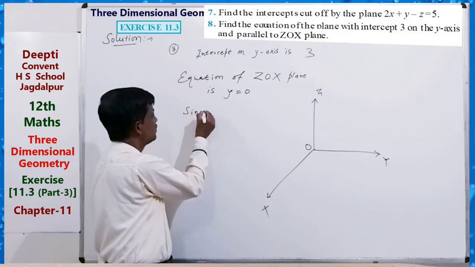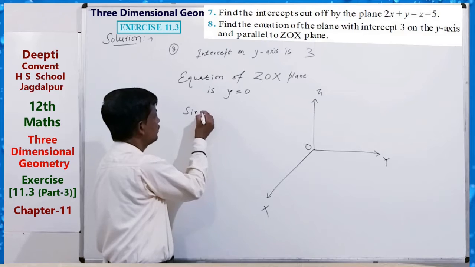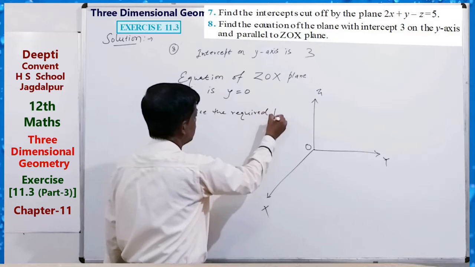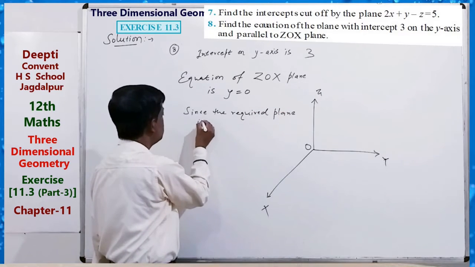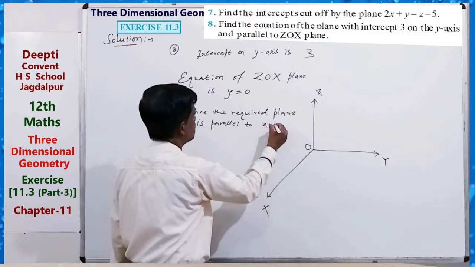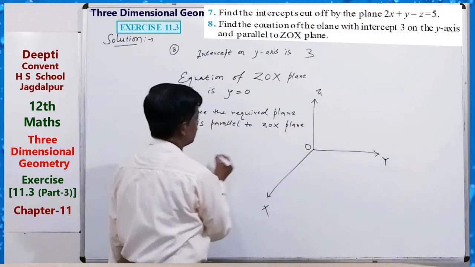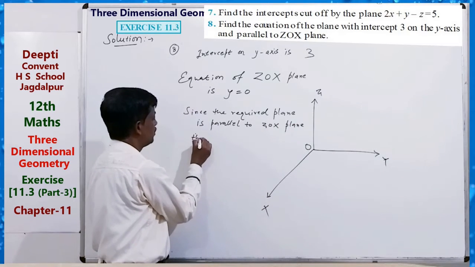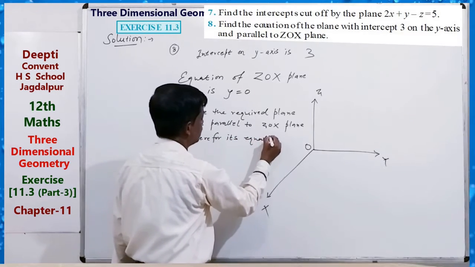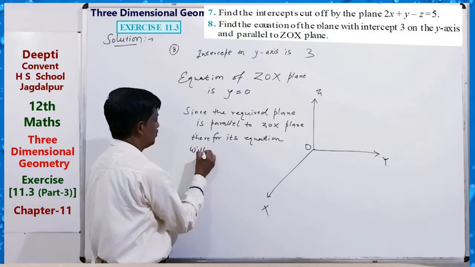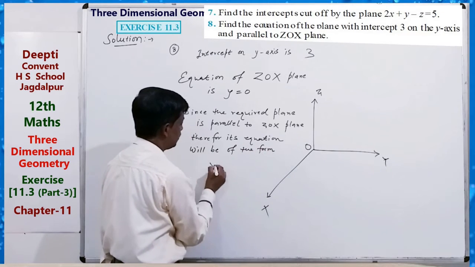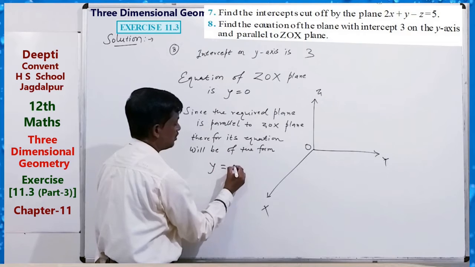Since the required plane is parallel to the ZOX plane, therefore its equation will be of the form y equals to constant.